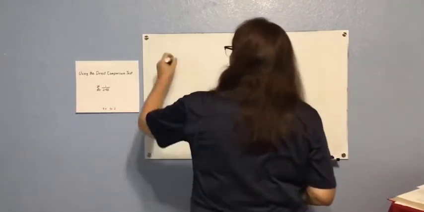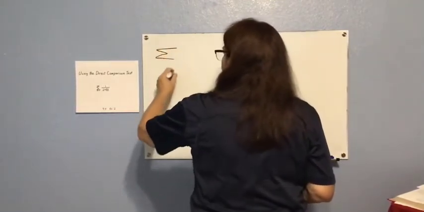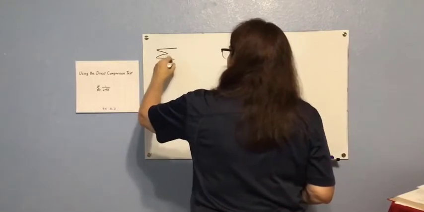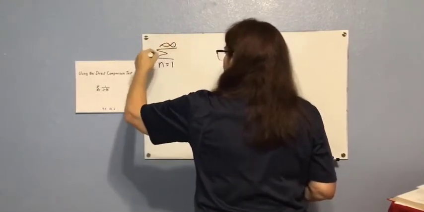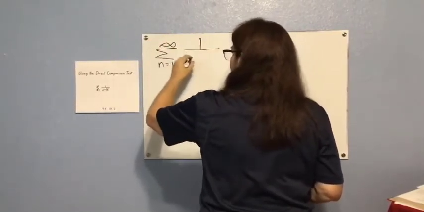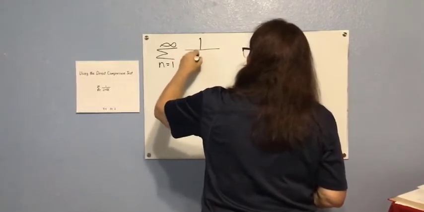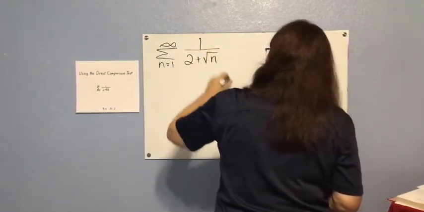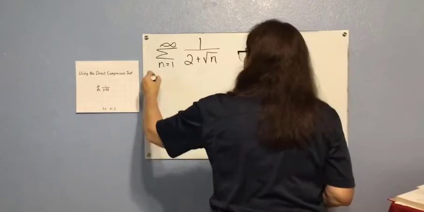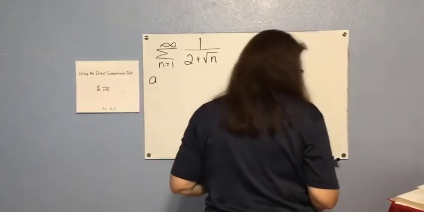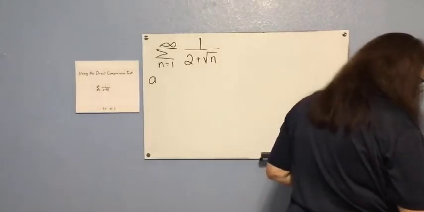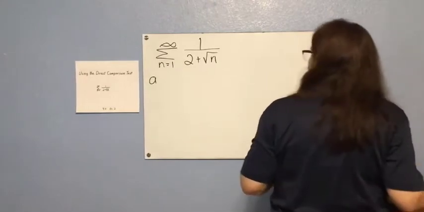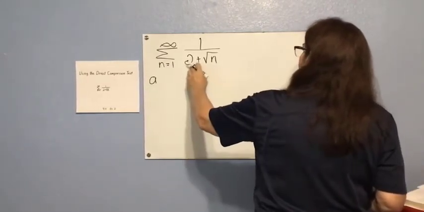Okay, in this example, I have this series, and we'll call this one A. And I'm going to compare it to something that's a little simpler. Again, I'm going to take out the 2.